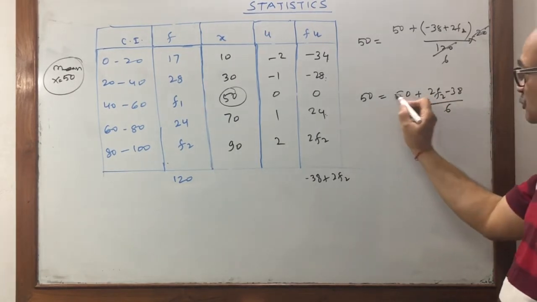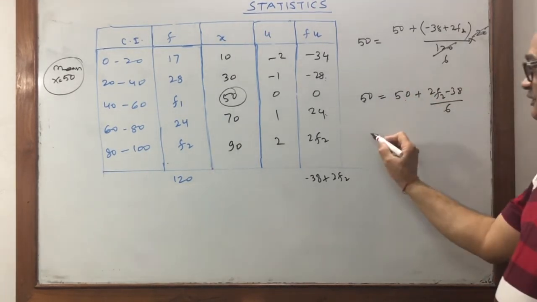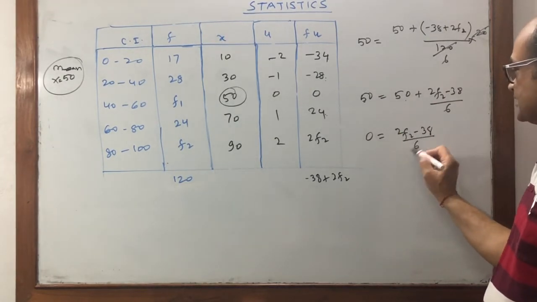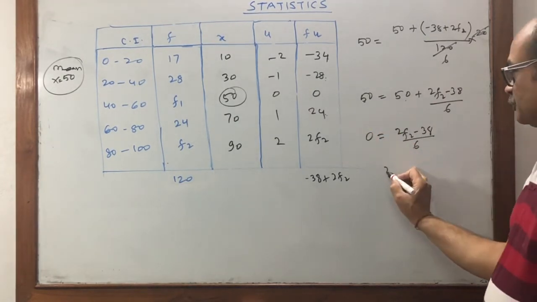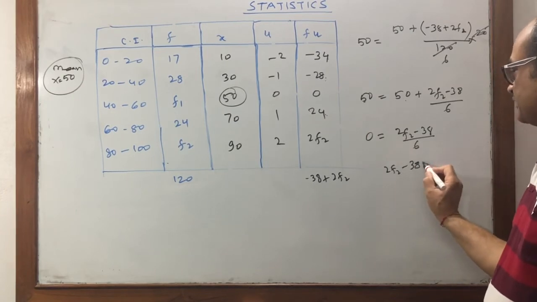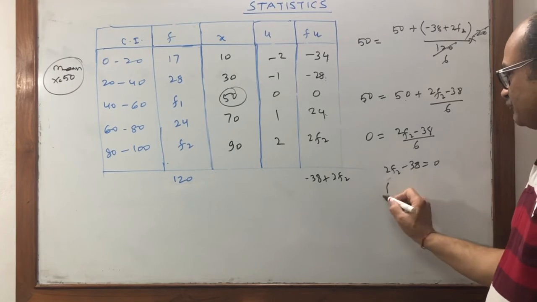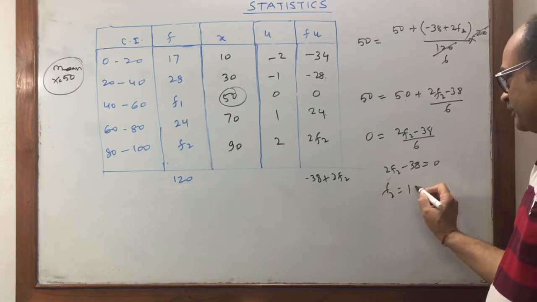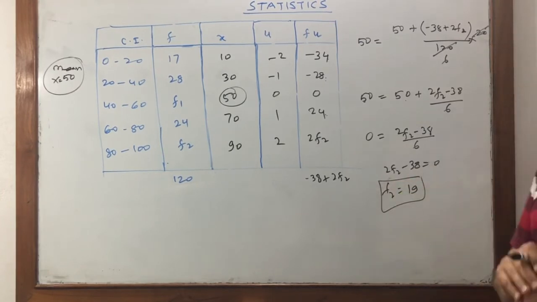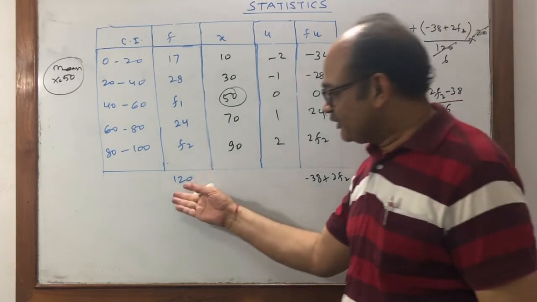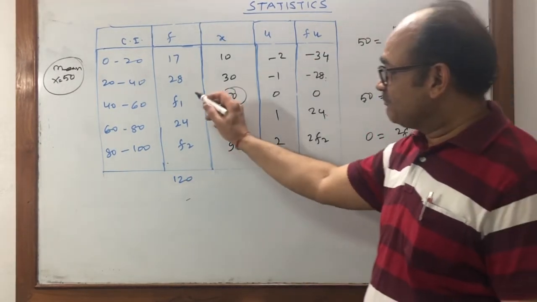If this 50 goes to this side, 0. 2F2 minus 38 by 6. Cross multiply. 2F2 minus 38 equals 0. So F2 equals to 38 by 2, that is 19. Now when we have F2 19, one more equation we have from here, F1 plus F2.